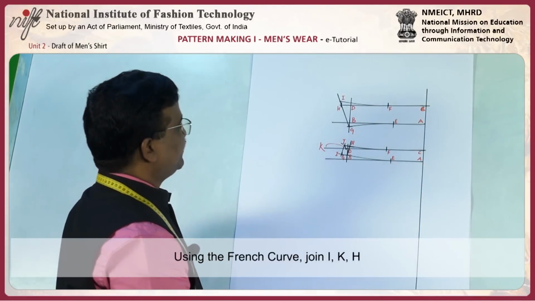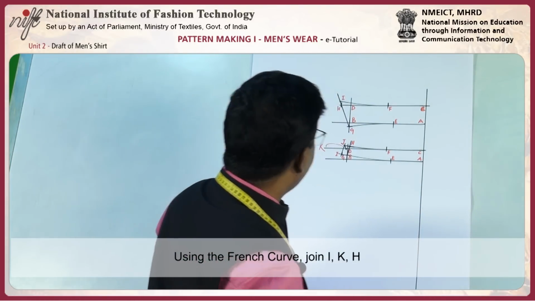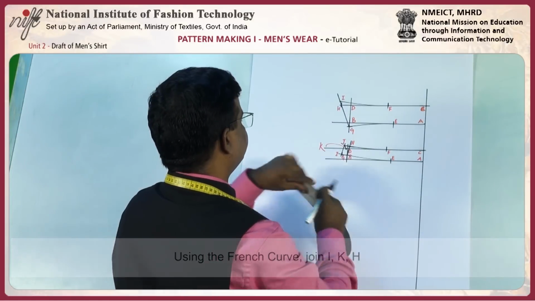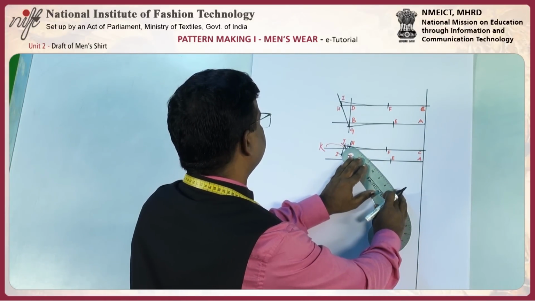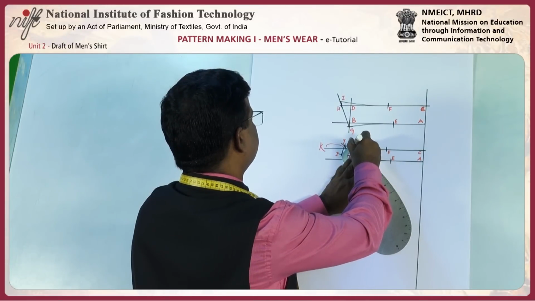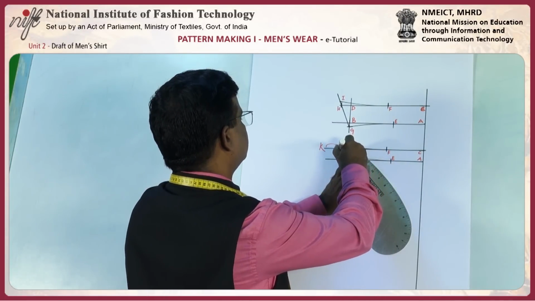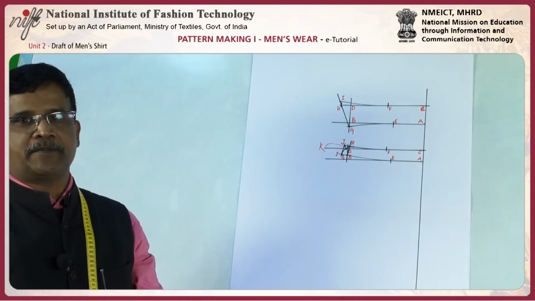Then join I, K, H with the help of French curve. With this, collar band completes.